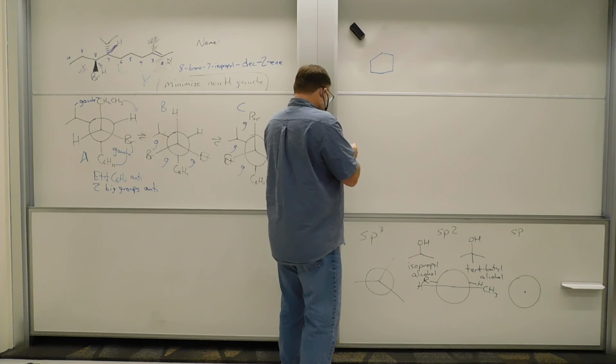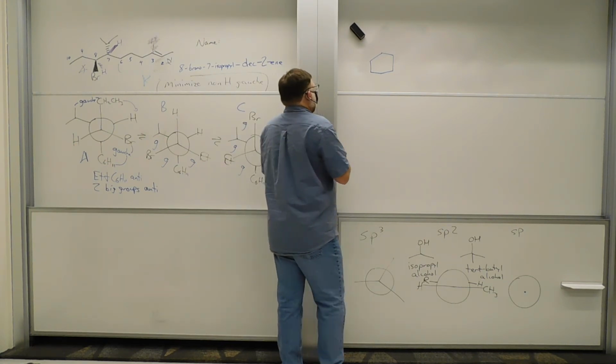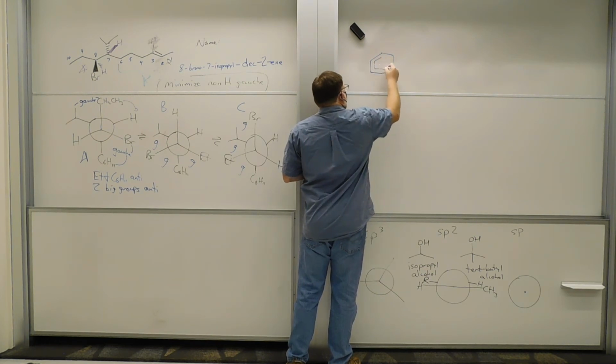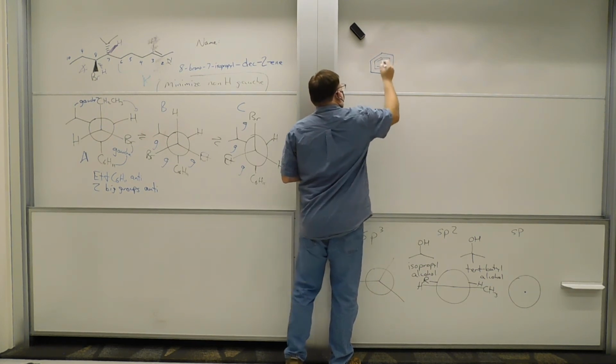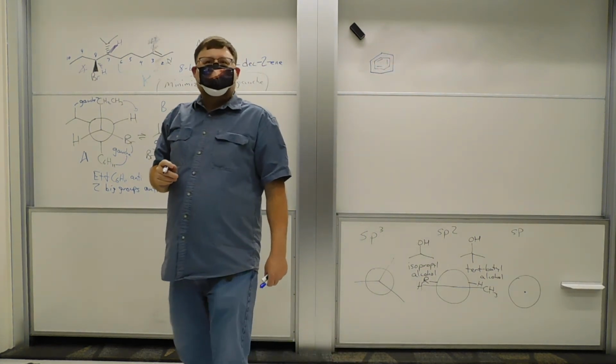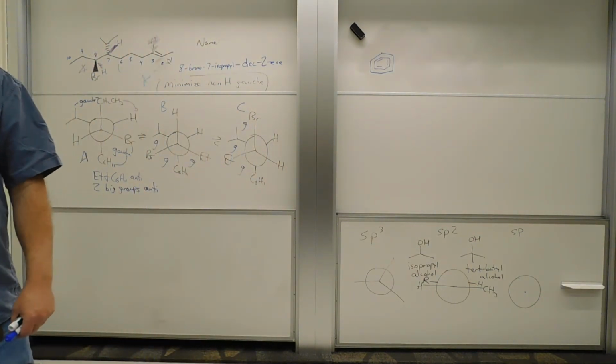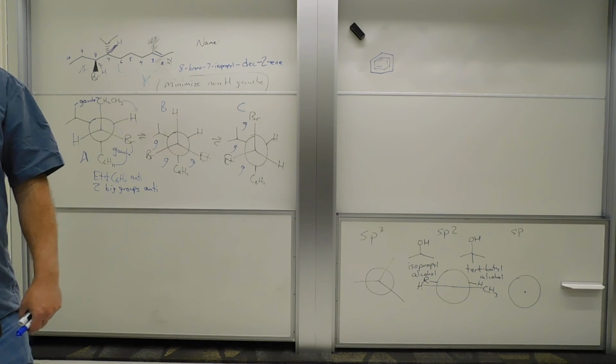All right, so in blue is cyclohexane. That's a terrible drawing. The purple molecule is benzene. All 6 of the carbons are sp2 hybridized. That means they're trigonal planar. Benzene really is planar.